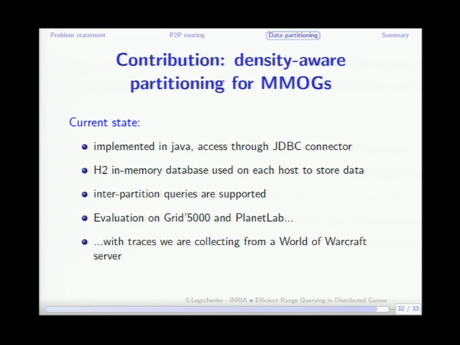Finally, we managed to contact a provider of a World of Warcraft server, a known and very popular MMOG, who agreed to log the activity from his server for us. So we are now collecting traces from a real World of Warcraft server with approximately 800 players playing at all times.